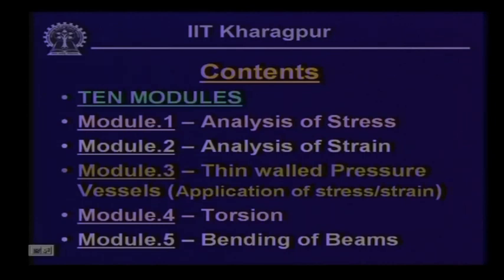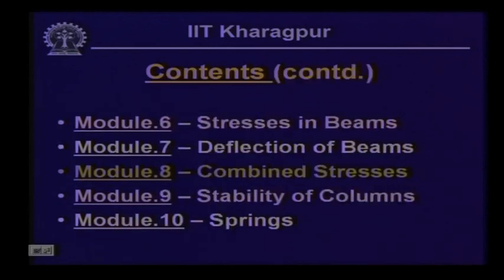Module 5, which is on bending of beams, also will have 4 lessons. Module 6, which is on stresses in beams, will also have 4 lessons. Module 7 on deflection of beams will have 4 lessons.